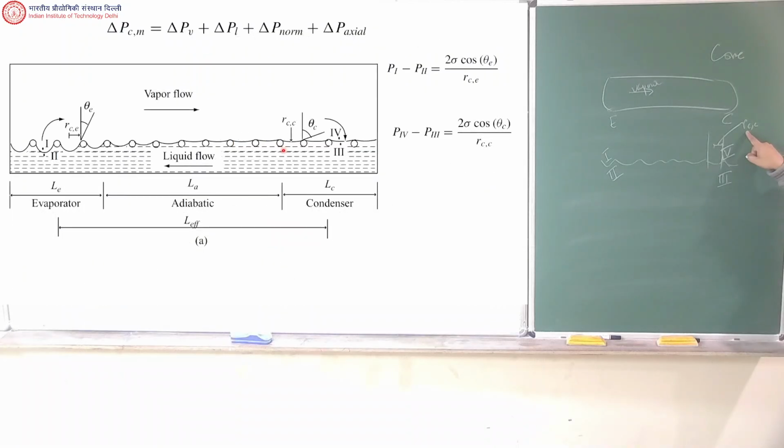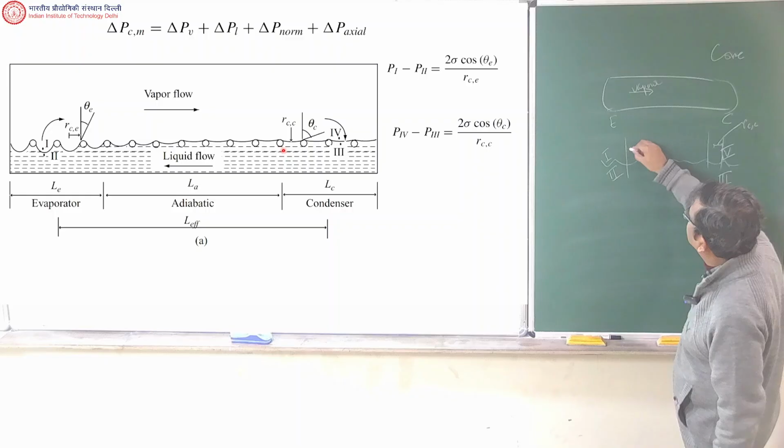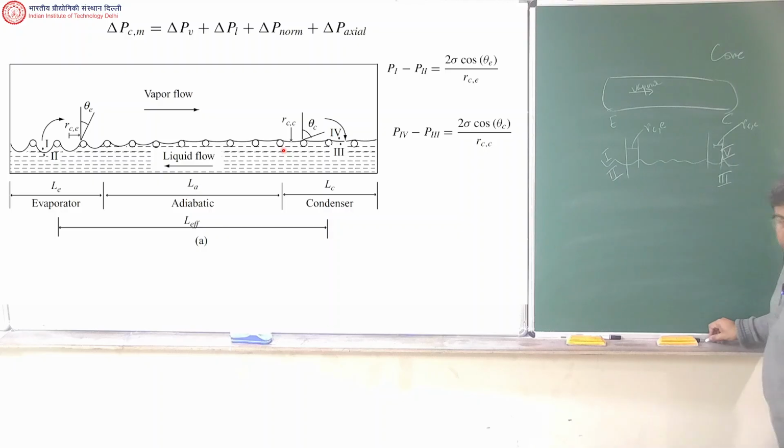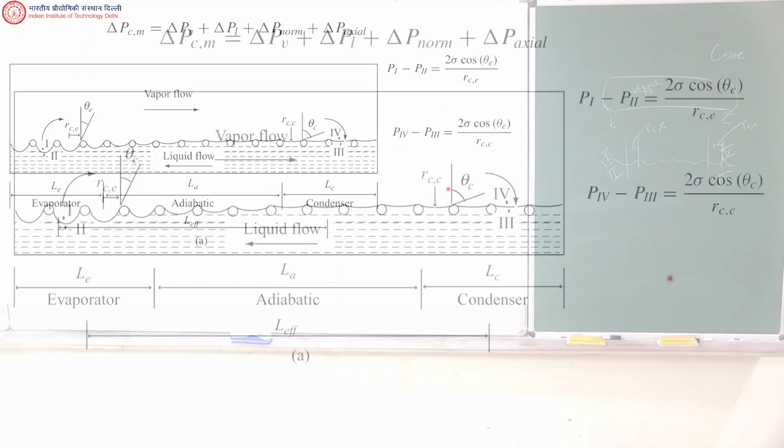So what is the first C for? Curvature. The second C, condenser. So this side, it is PE, correct? So these two equations we understand.